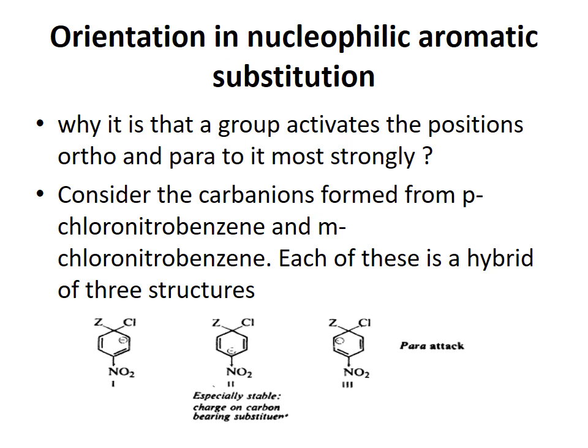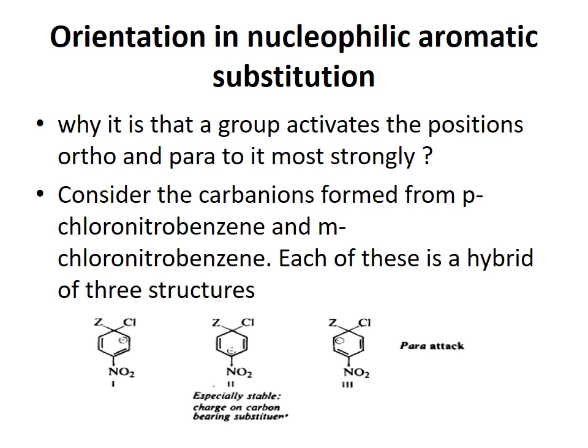First is the case with para-chloronitrobenzene. Here in this structure, the Z, the nucleophile, gets attached to the carbon to which chlorine is already attached, because in nucleophilic substitution the chlorine has to be replaced with the Z. So the C-Cl bond should break and Cl should leave the molecule, and at that place the Z should get attached.